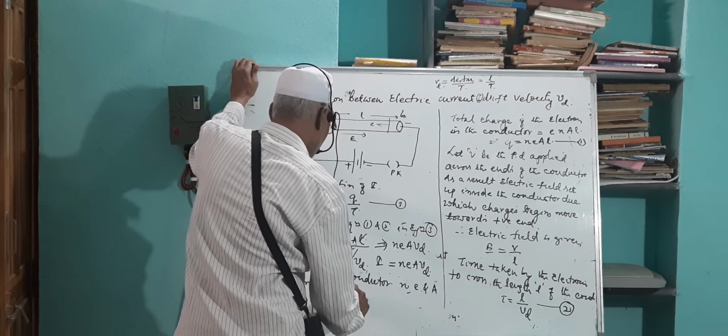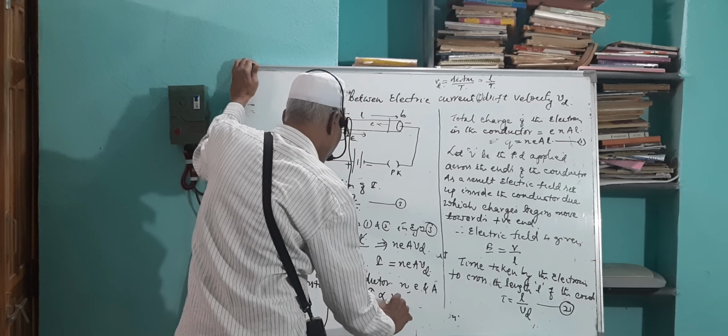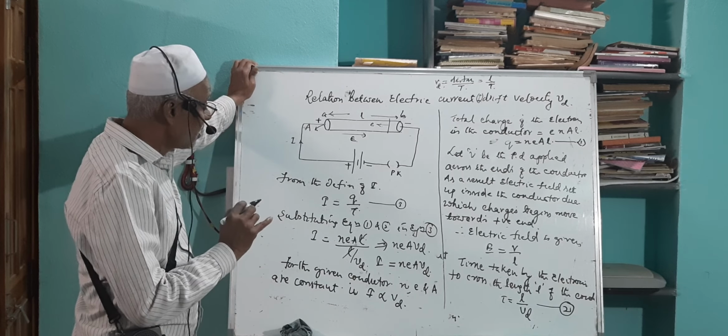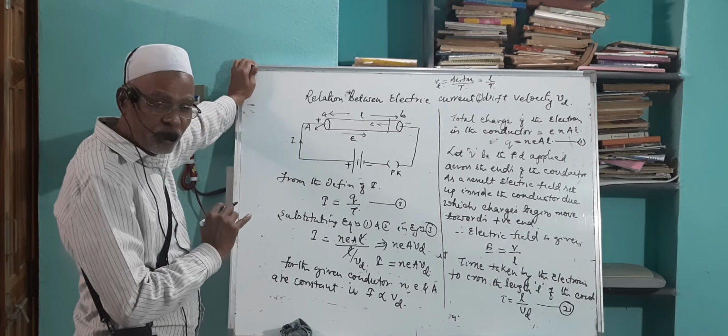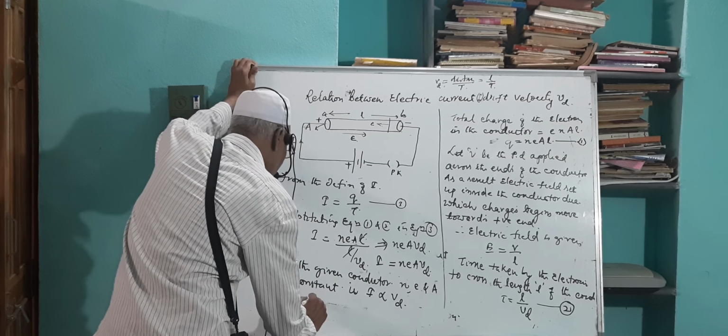So for the given conductor, I is directly proportional to Vd, that is, the electric current flowing through the conductor is directly proportional to the drift velocity.